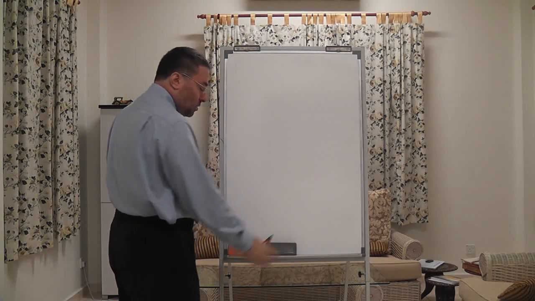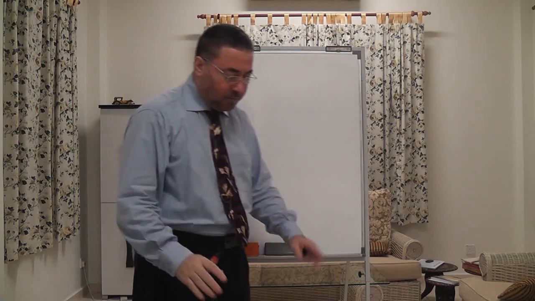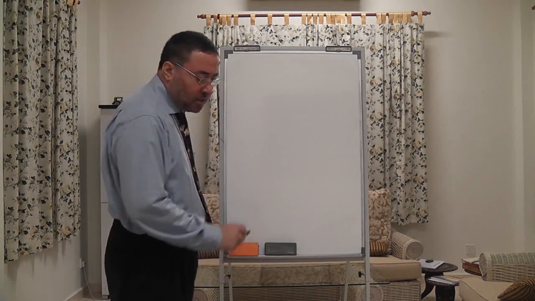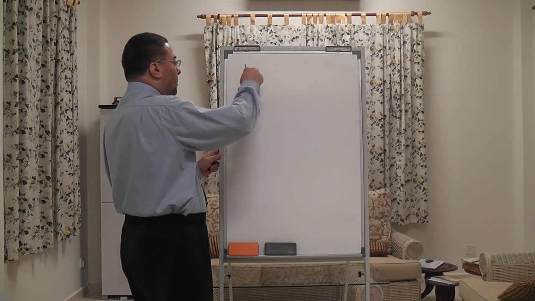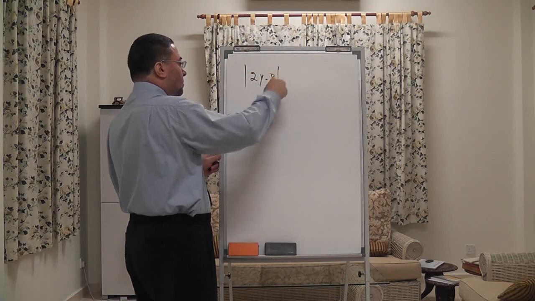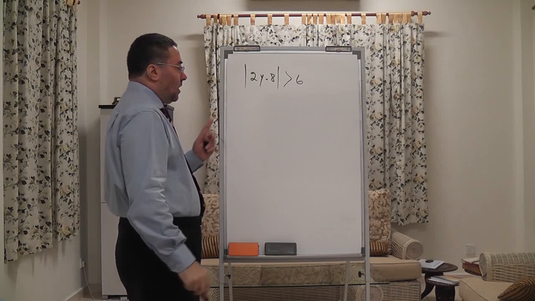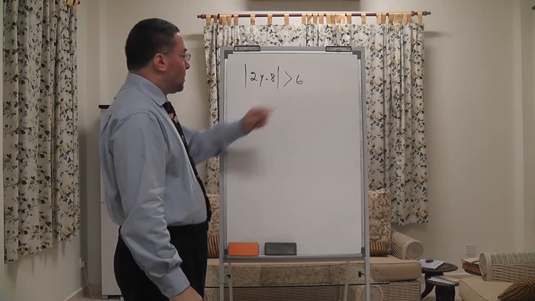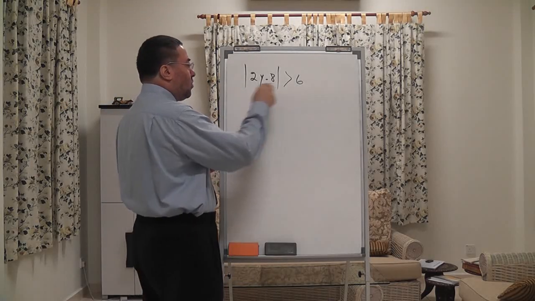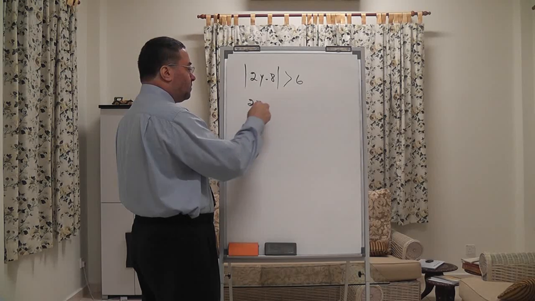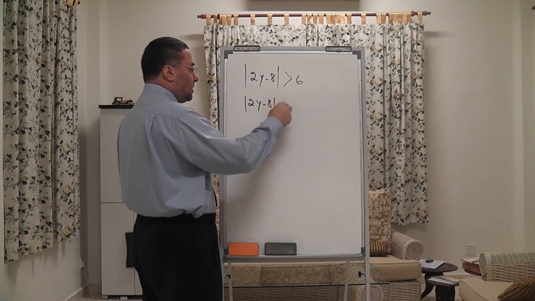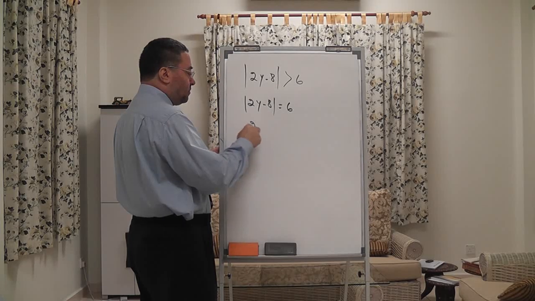Now we would like to solve these problems in a quicker way. So let's go back to number 7, absolute value of 2y minus 8 more than 6. In this case, we can equate this absolute value to 6 and solve.